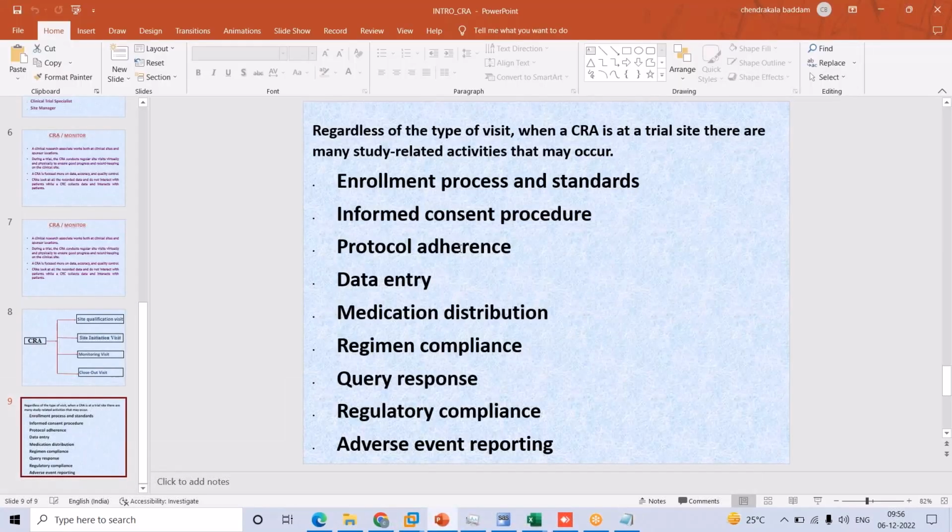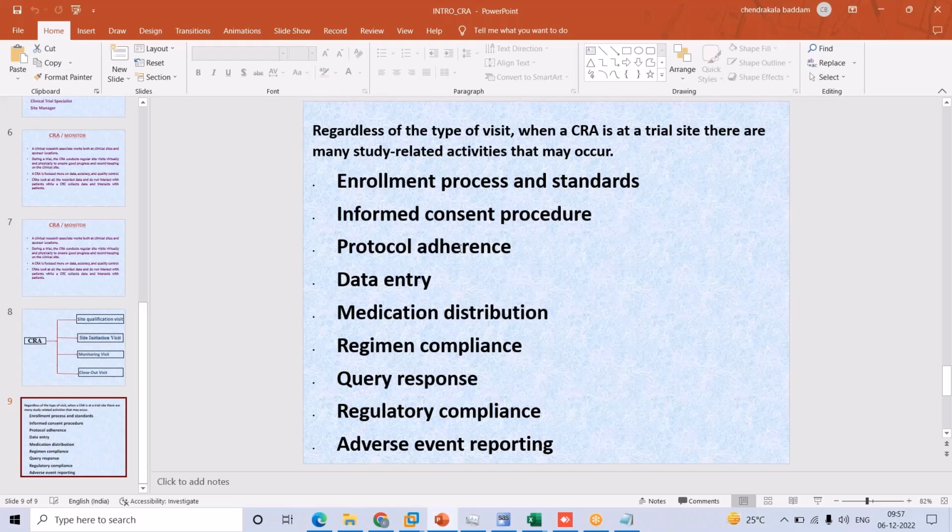See the overall process. The CRA will check whether the site is enrolling eligible subjects. In the informed consent form, you see whether informed consent is obtained before the patient's participation in the clinical study, and whether the informed consent process was properly done or not.